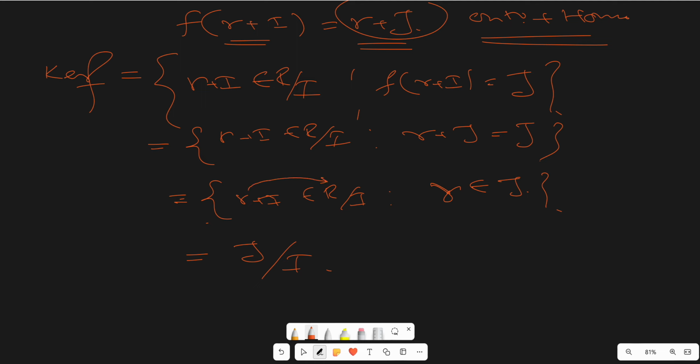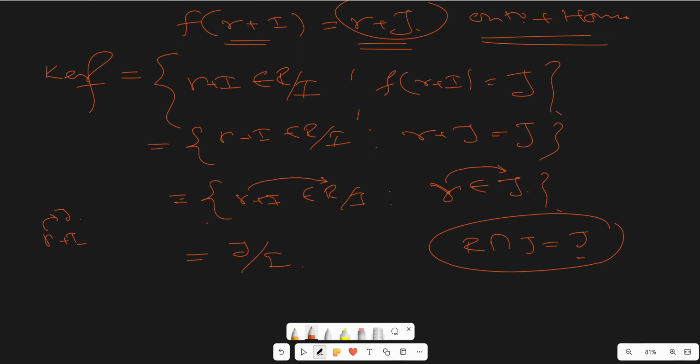R is an element of R from here, and R is an element of J. So you want all those R plus I such that R is an element of J. R is an element of J and R is an element of R. So R intersection J is J, because J is an ideal of R. This is why it is J mod I: because R is in I and R is in J, J is smaller, so R should also be in J. So this implies that this is J mod I. This is the kernel of the homomorphism.